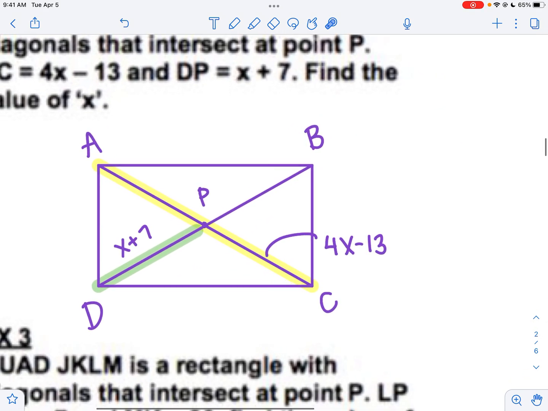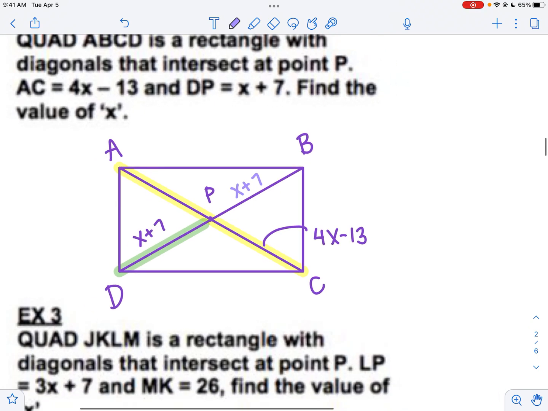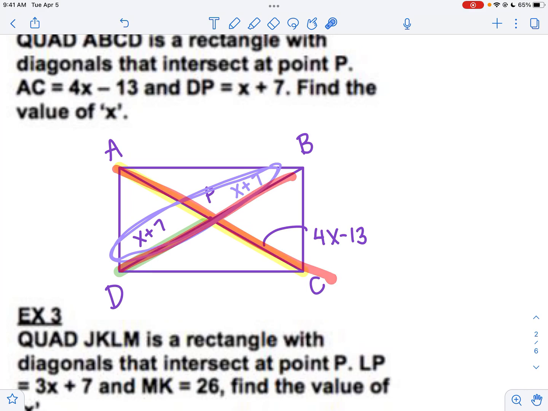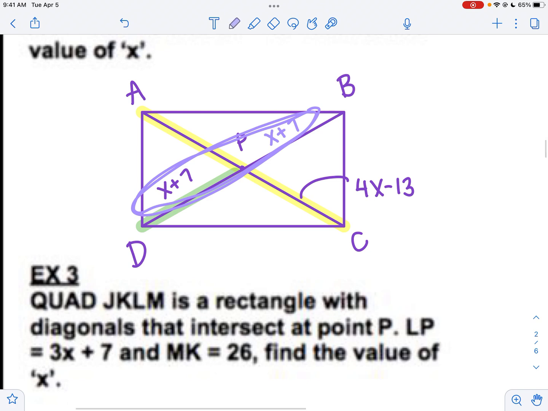So if I go back to this problem, if I know that this is x plus 7, well then this piece over here has to be x plus 7. And if the diagonals equal each other, then x plus 7 and x plus 7 tells me that full diagonal. And then that diagonal would equal this diagonal. So this is kind of like a part equals part problem, but I have a few more steps to go.